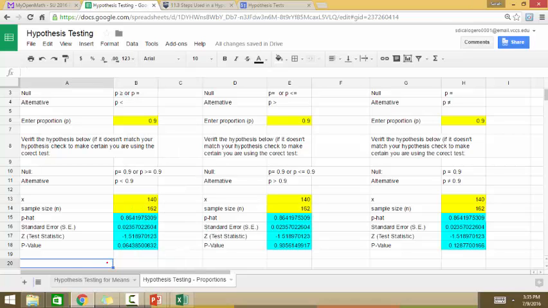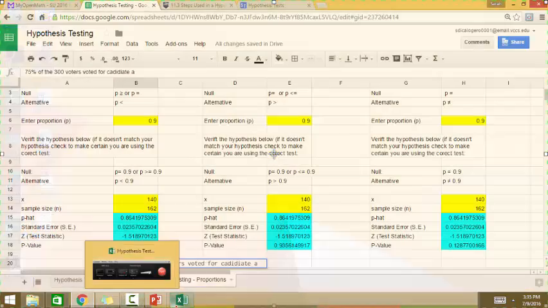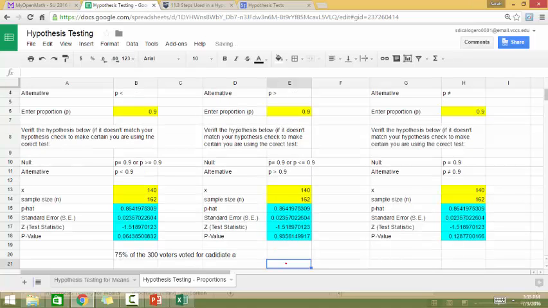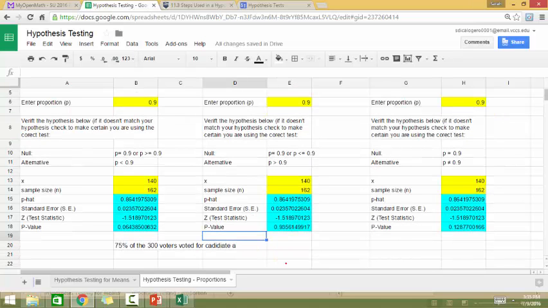Well, if it tells me that 75% of the voters voted for candidate A, and let's say it was 300 voters, well, we should be able to find what our x is, because our x is 75% of 300, so 0.75 times 300 would give me my x.